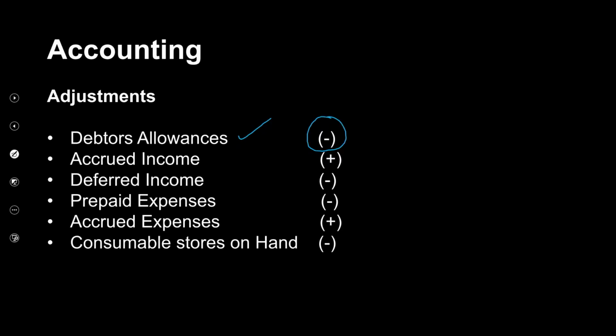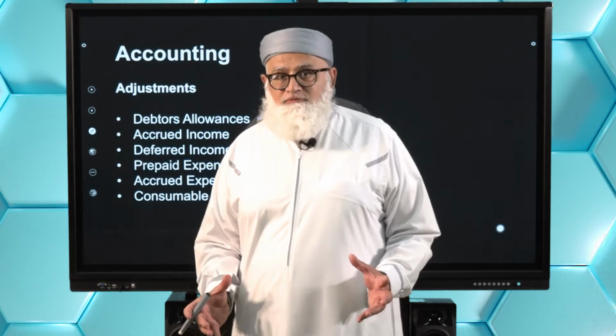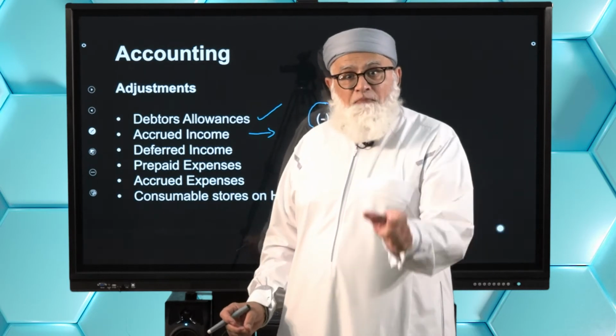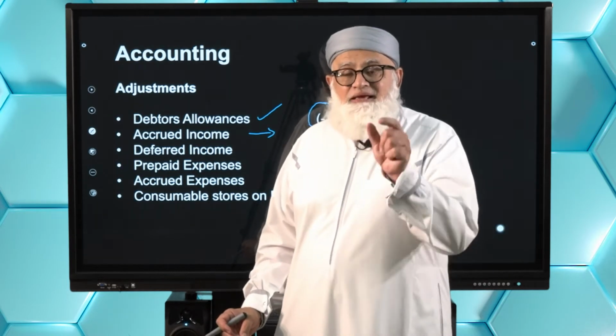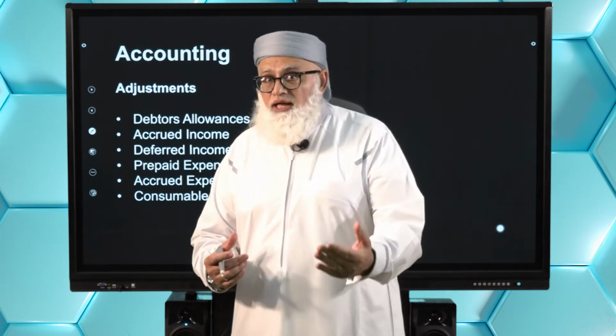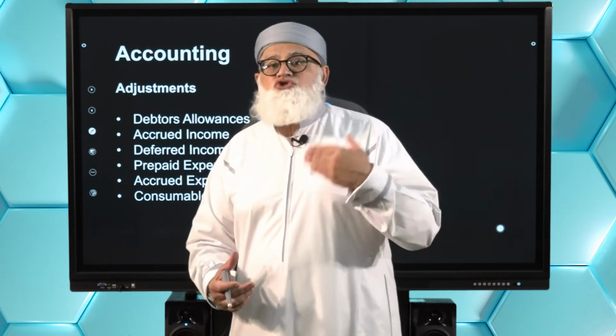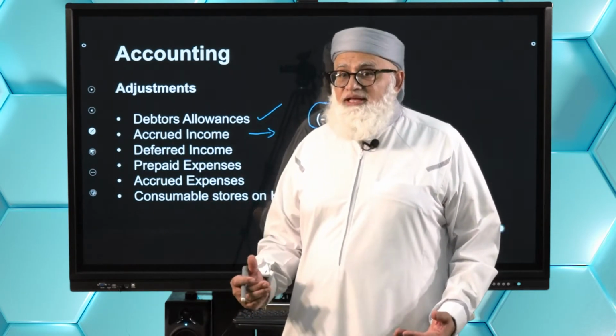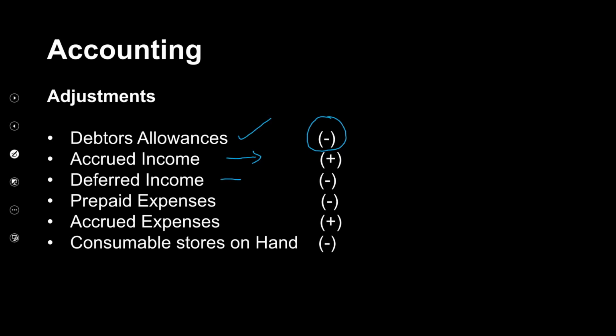When it comes to accrued income, it's always a plus sign, right? Whenever you're dealing with accrued income, remember, the operation in the bracket is a plus. You're adding, because it's an income that you've earned, but you haven't received it, so you're debiting accrued income. Credit the income account.